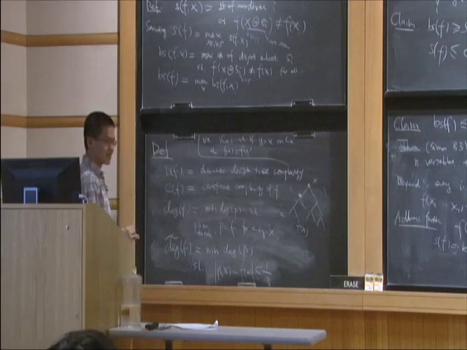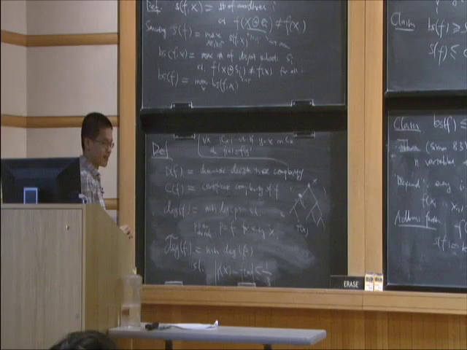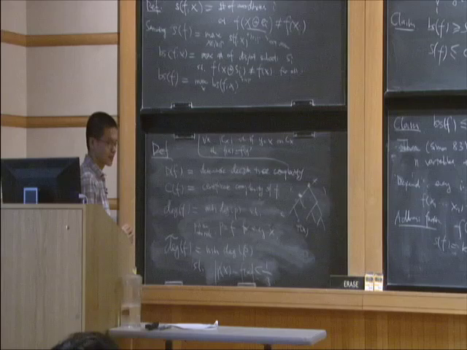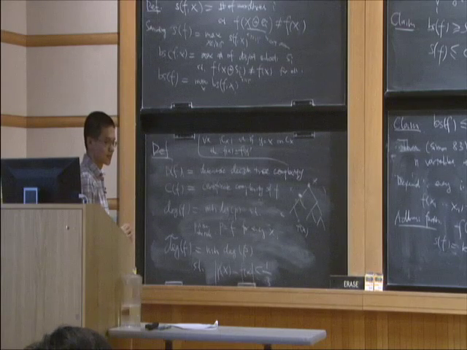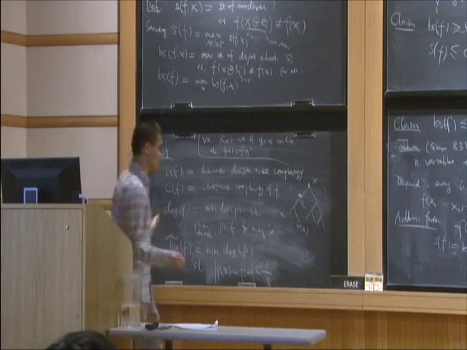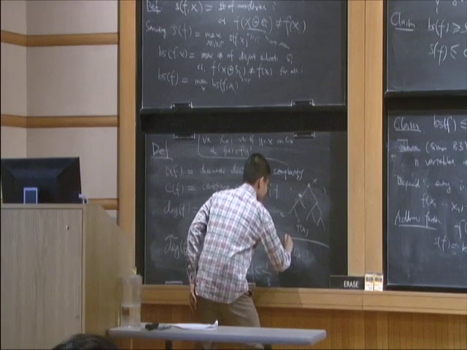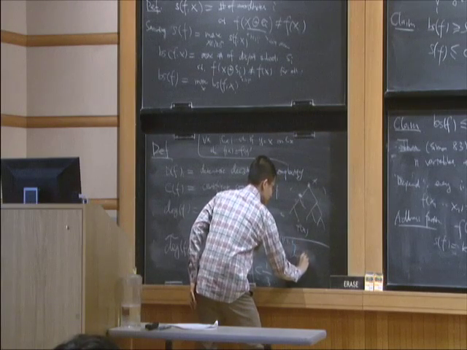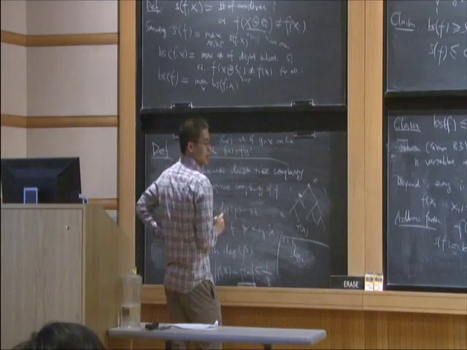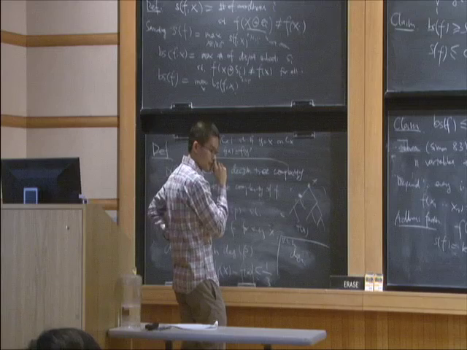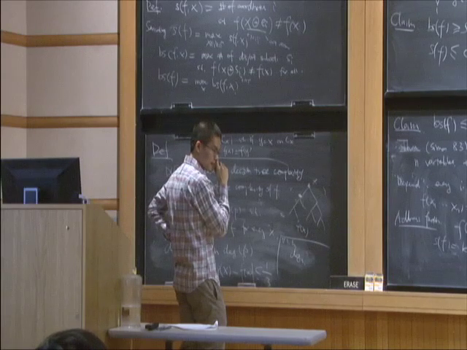So how to do this? For any epsilon, take the majority function of f itself 3 times. This will decrease the gap.